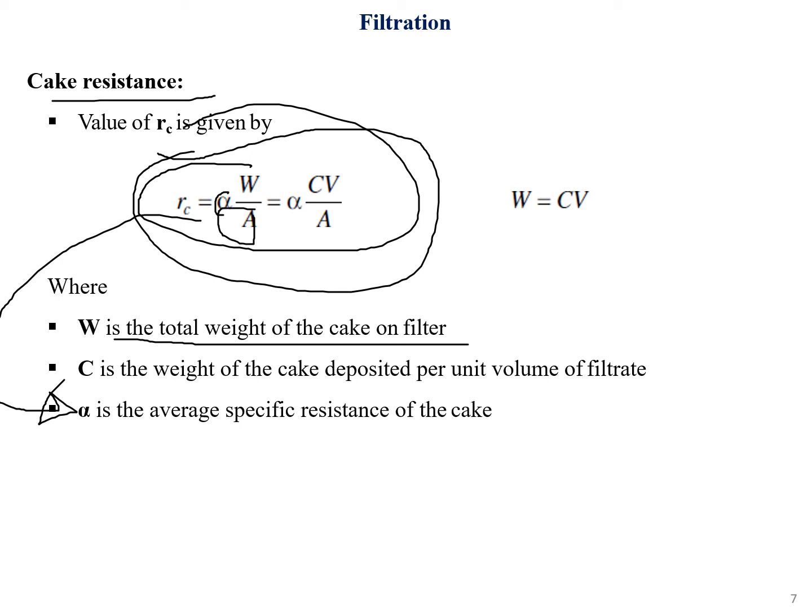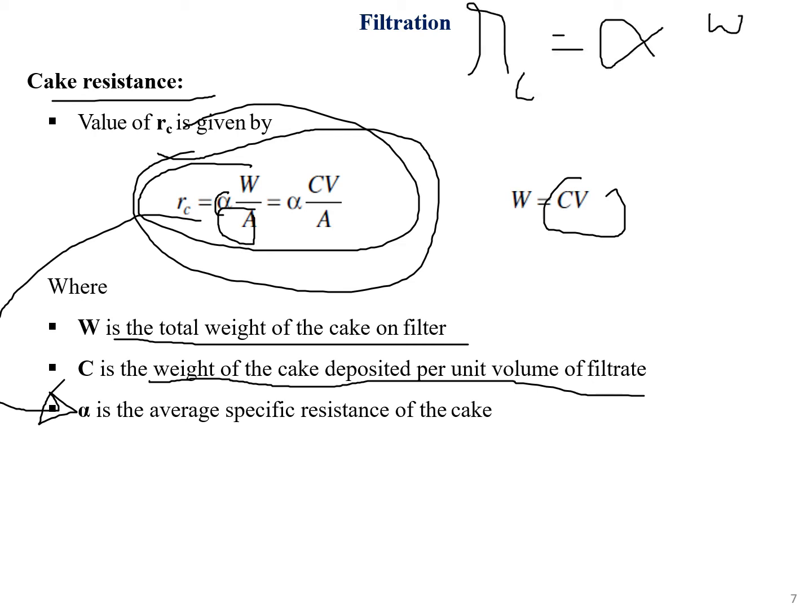Also, W can be written as CV, where C is the weight of the cake deposited per unit volume of the filtrate. So Rc is written as alpha W by A, and W can be written as CV.